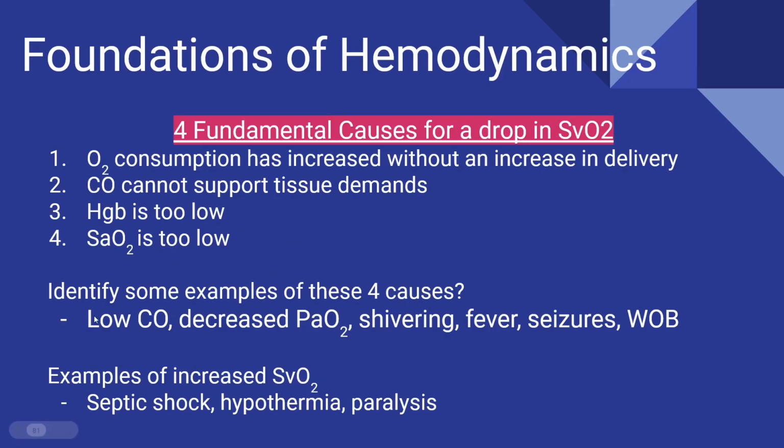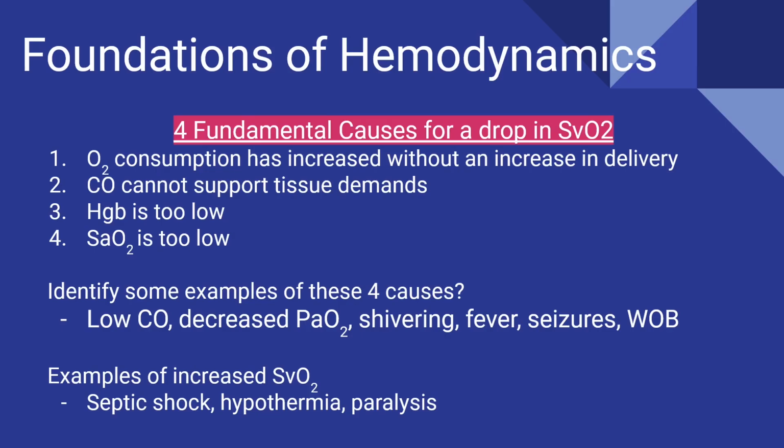So examples of the 4 causes: low cardiac output, right? We talked about that one. A decrease in our oxygen, right? That's obvious, we didn't get enough oxygen in the first place. Pulmonary artery oxygen, so we're not getting enough oxygen into the lungs in the first place. Shivering, right? All those little tiny muscles that make us shiver are going to use up a lot more oxygen. Same thing with fever, right?